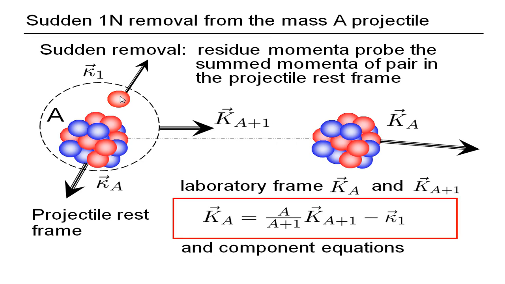Okay? So that's the way the knockout reaction is thought to work. In the rest frame of the projectile, we've got some momenta. Then we instantaneously, suddenly, just wipe that one from the scene. And so this momentum added to the momentum that it has in the forward direction will yield some final momentum for this object here.